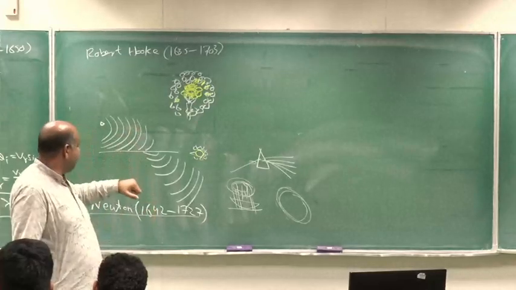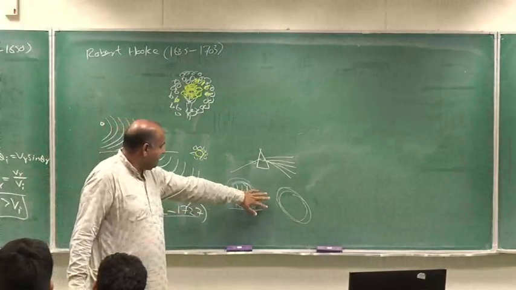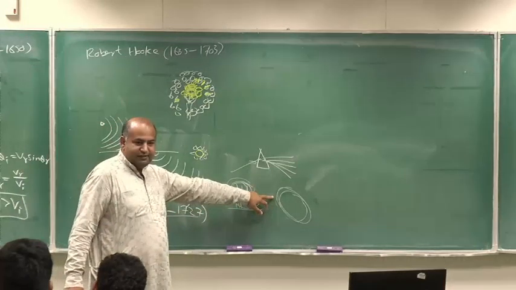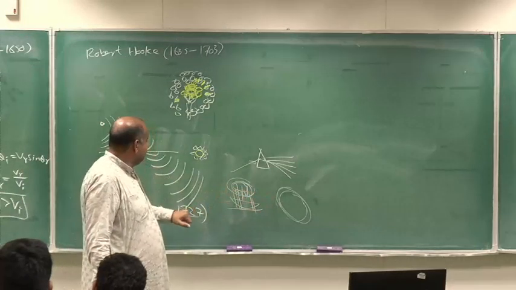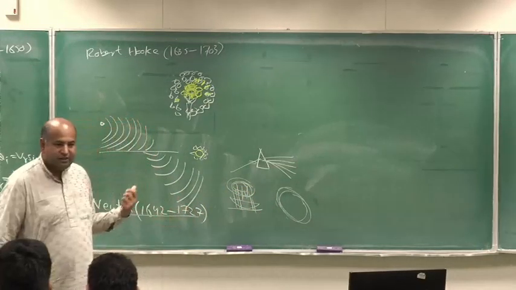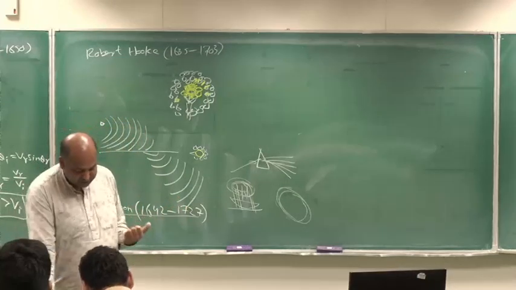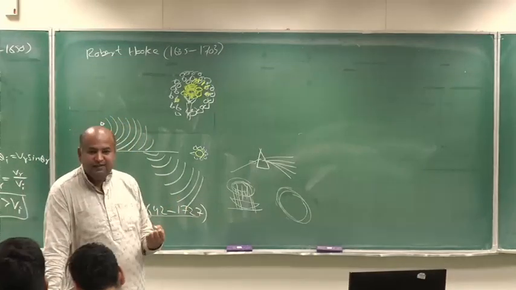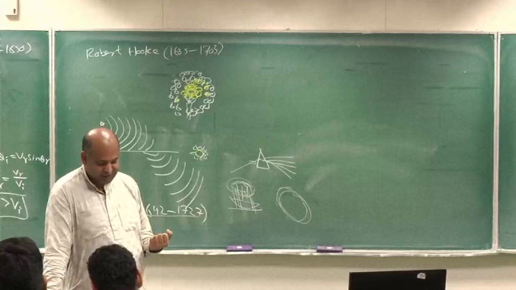The wave theory, on the other hand, can explain these interference colors or these rings, but there are a couple of other things that we cannot explain. For example, Newton had several objections to wave theory.